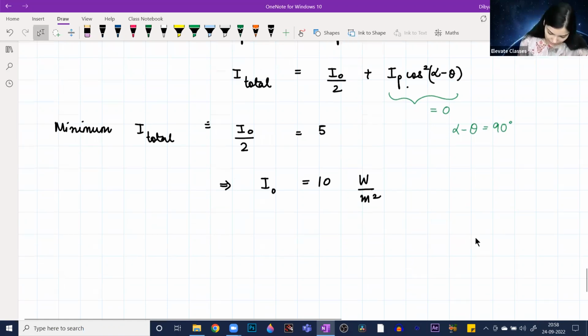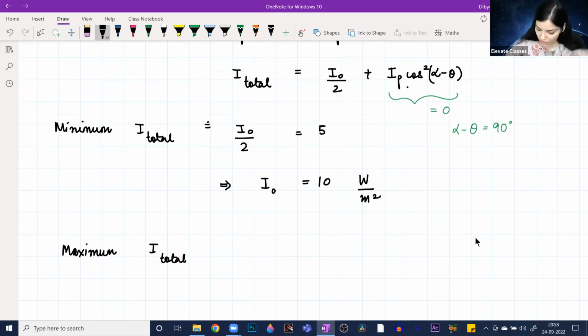And now let us look at the maximum. Maximum I total means that this alpha minus theta should be equal to 0, so that cosine of 0 is equal to 1. And the contribution is maximum. What is the maximum value of IP cos square of alpha minus theta? It can be IP, because it is a square function, so it is going to vary between 0 and 1. So the maximum value of I total can be I0 by 2 plus IP.